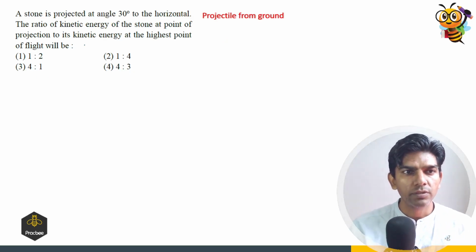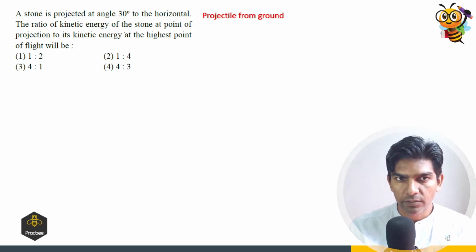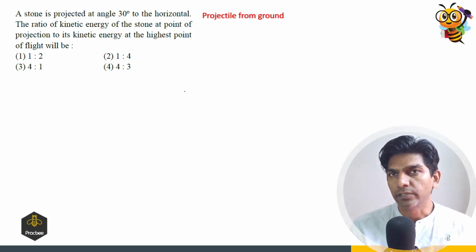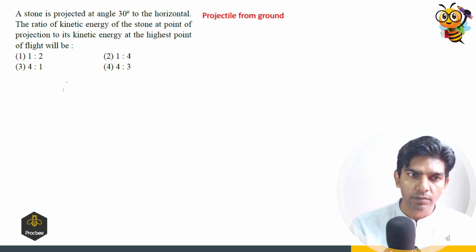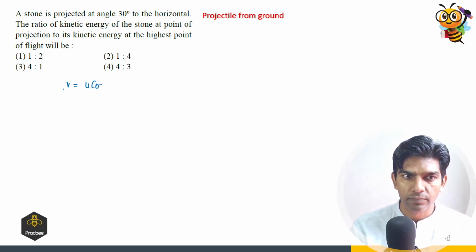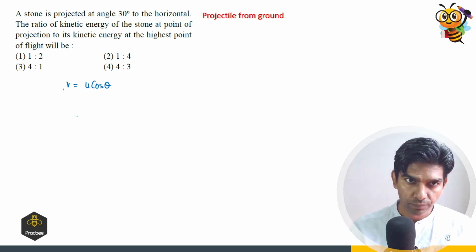Now let us see this question. A stone is projected at an angle of 30 degrees to the horizontal. The ratio of the kinetic energy of the stone at the point of projection to its kinetic energy at the highest point. So at the highest point, velocity is u cos theta, and at the point of projection velocity is u.